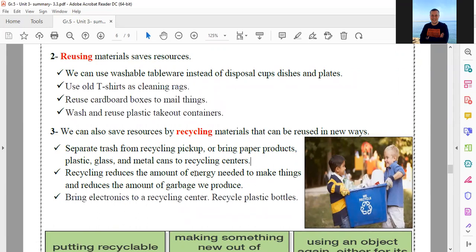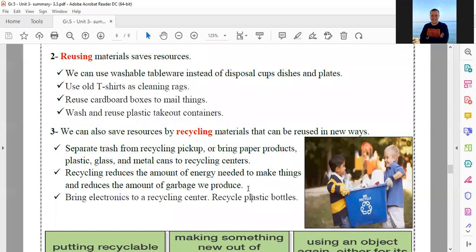Recycling reduces the amount of energy needed to make things and reduces the amount of garbage we produce. Yes, we already know that in order to make some plastics, glass, and metals, it needs energy, high temperature for example, or mechanical processes.